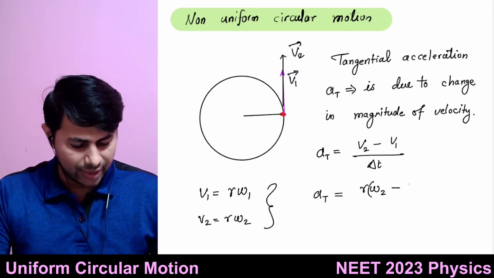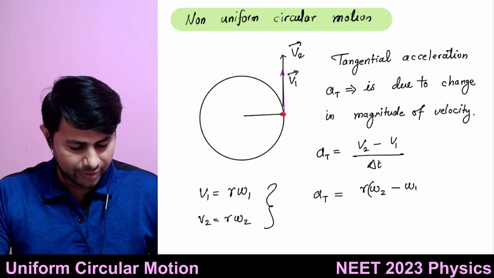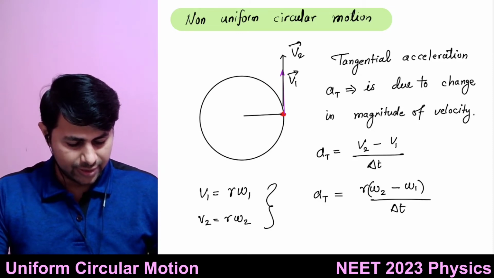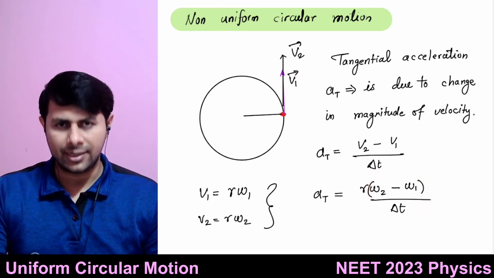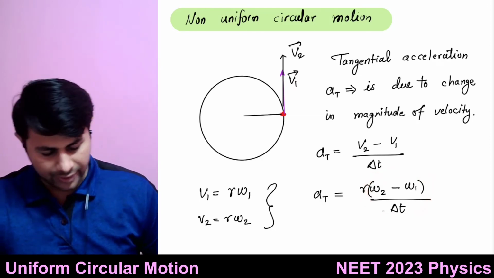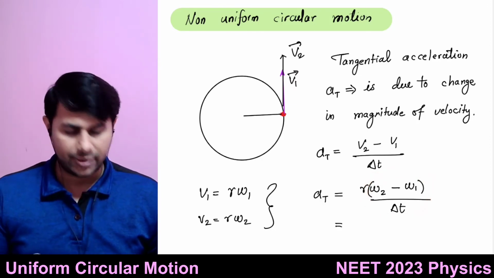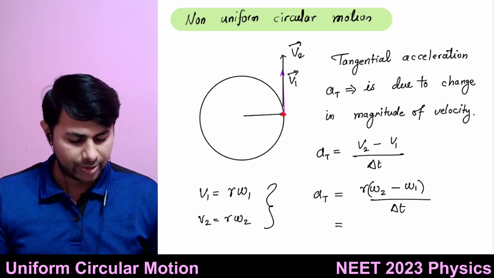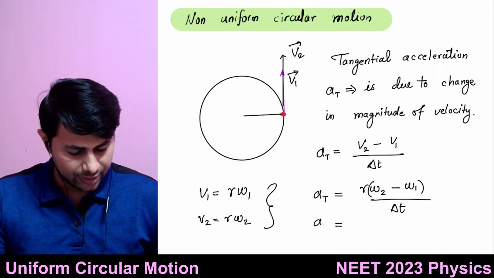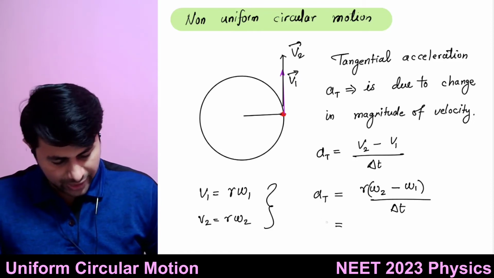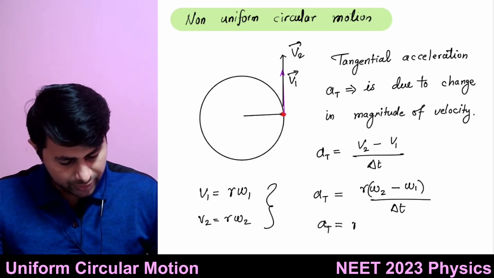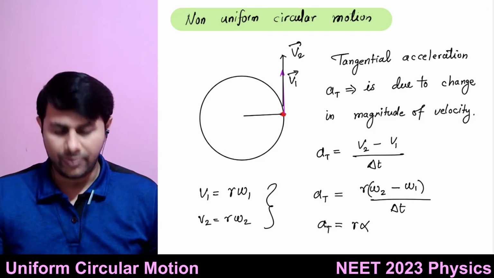Taking r common, it is r times (omega 2 minus omega 1) divided by delta t. And this is angular acceleration: change in angular velocity with respect to time. So AT, the tangential acceleration, is equal to r times alpha.